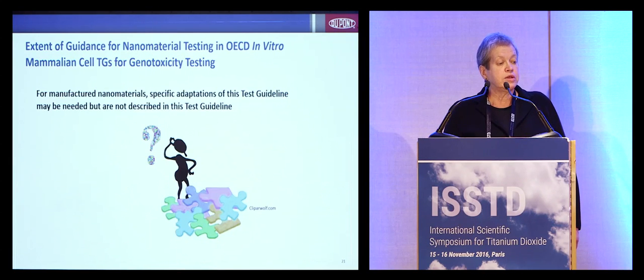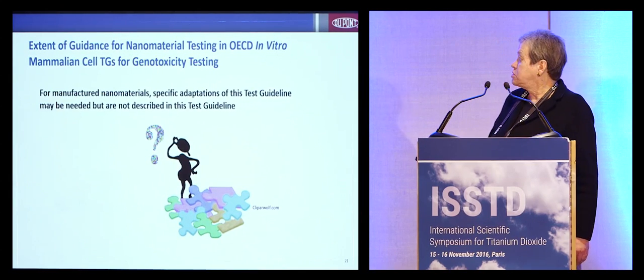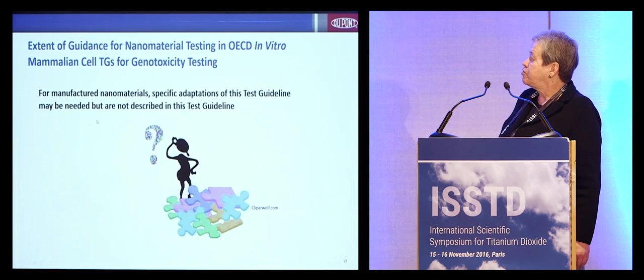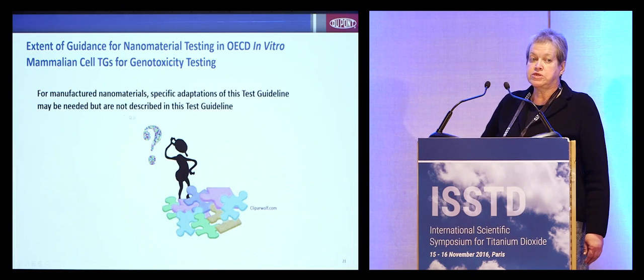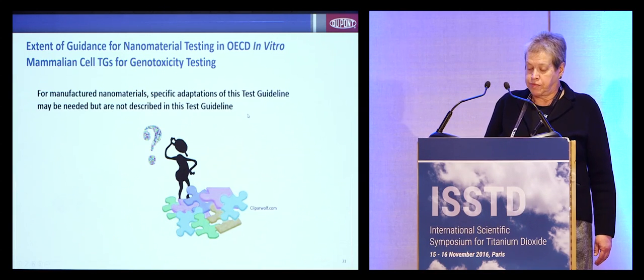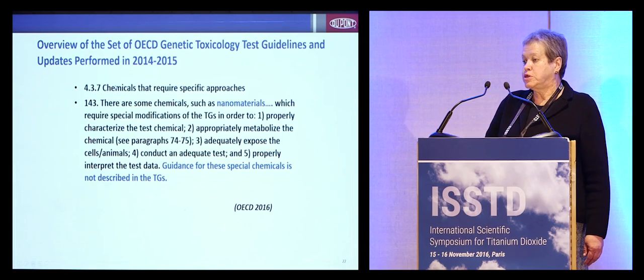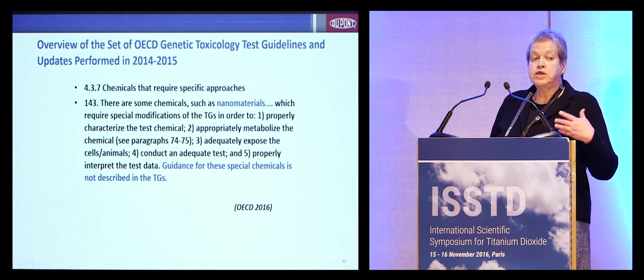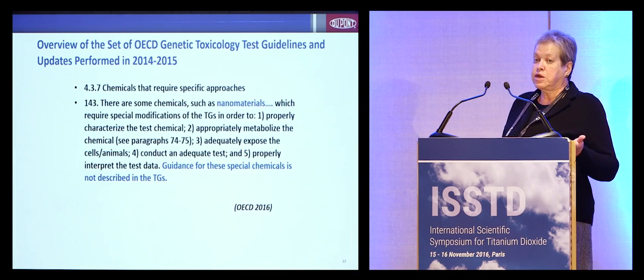Sadly, the OECD guidelines do not really give guidance for nanomaterial testing. This is a sentence that is actually in the guidelines: for manufactured nanomaterials, specific adaptations of this test guideline may be needed, but are not described in this test guideline. Furthermore, there is an overview document that came out this year, which is a guidance document on the changes made to the OECD test guidelines.